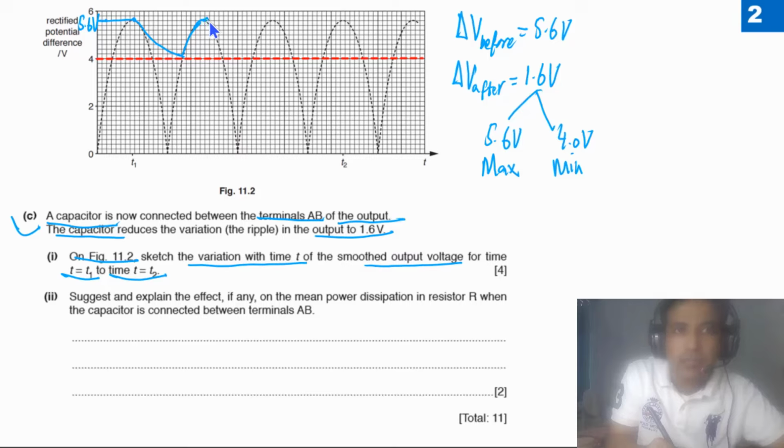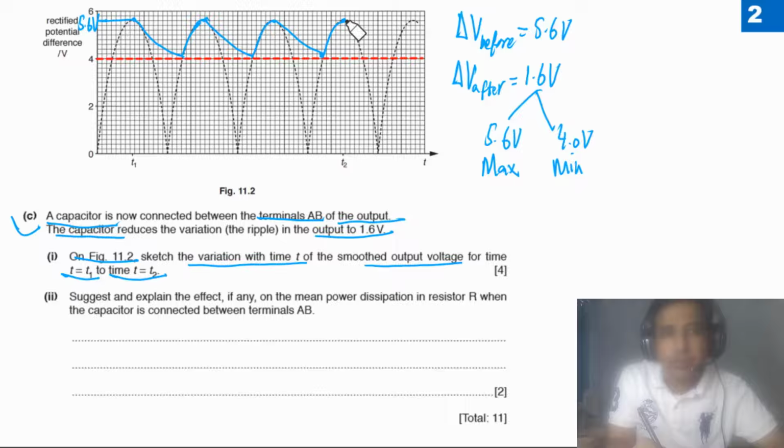Then again it will discharge to 4.0, and then again it will increase because capacitor will be charging. It will reach maximum value 5.6, and then again it will discharge. Actually we just need to sketch until here, from T1 to T2. So this is T2.